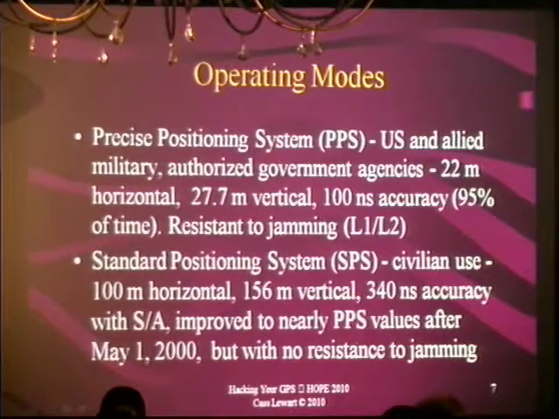And President Clinton decided one day, to hell with selective availability, let's make it useful for everybody. So the current precision of the civilian system is about the same as the military system, except it's prone to jamming. But under normal conditions, it's quite precise. So you have about 10 meters accuracy.